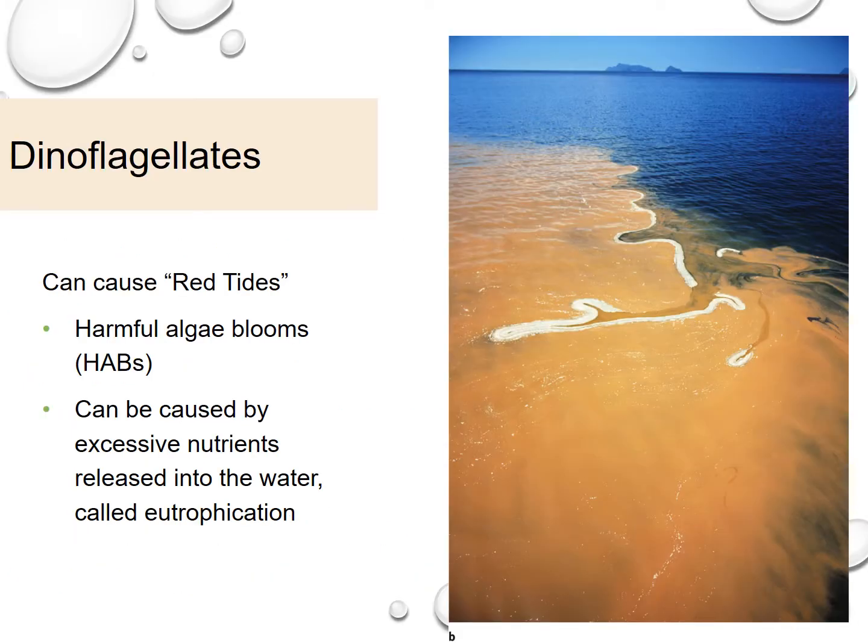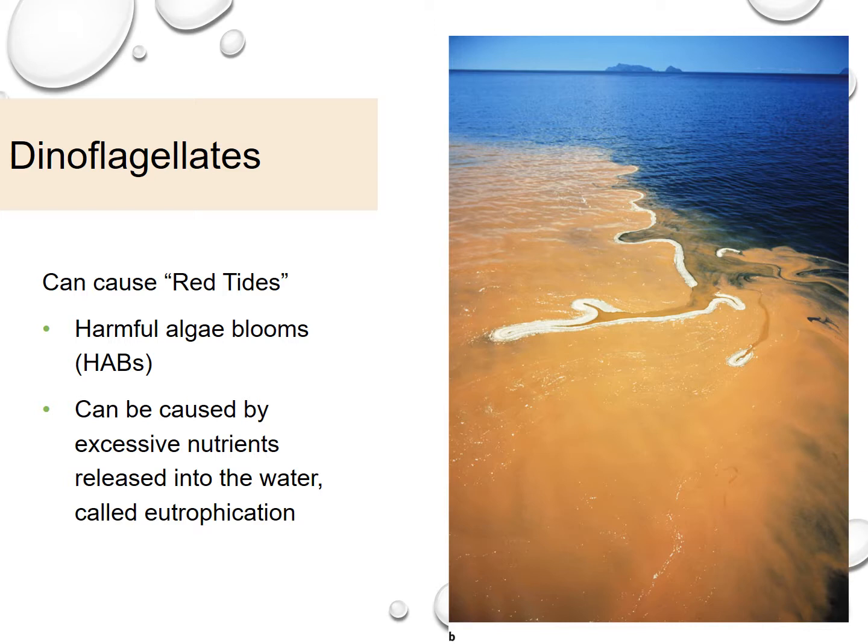Dinoflagellates are responsible for causing red tides, which is another form of harmful algae plumes or HAPs. These can happen because of excessive nutrients reaching the ocean, and when the ocean has too many nutrients, we call that eutrophication.